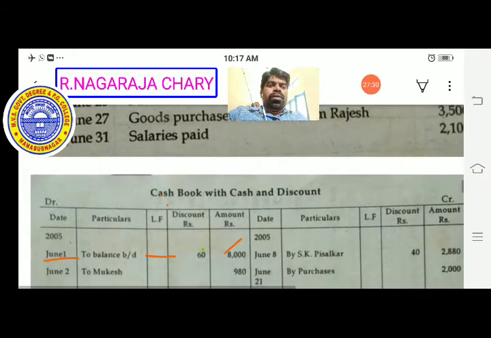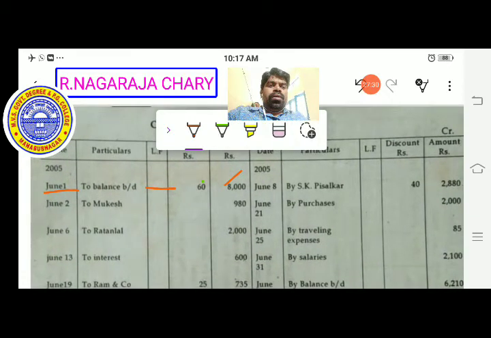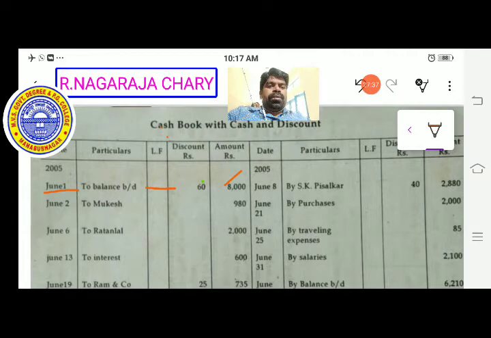So, on the debit side, to Mukesh 980 rupees, and the discount of 60 rupees is to be written here. This is on the debit side.